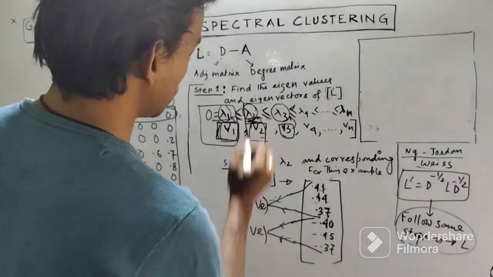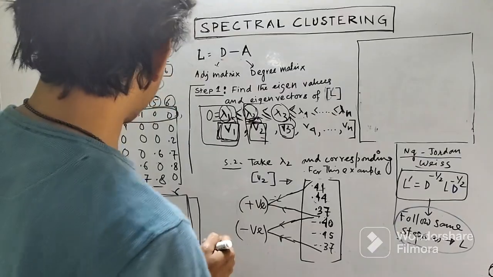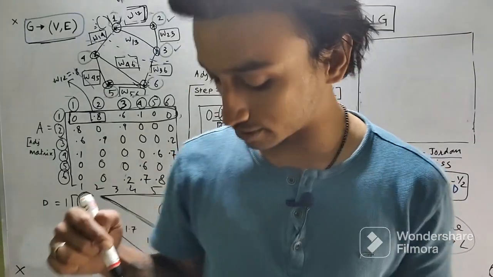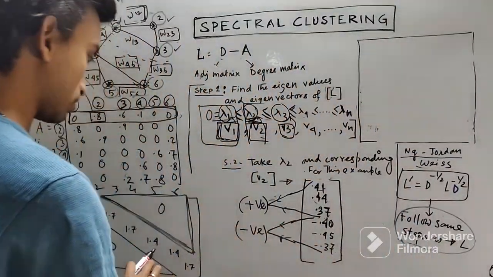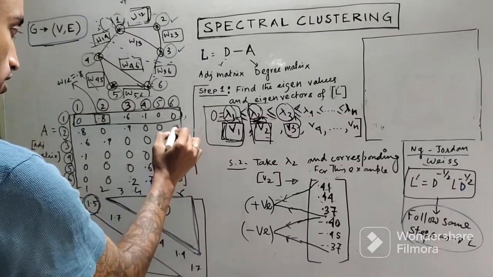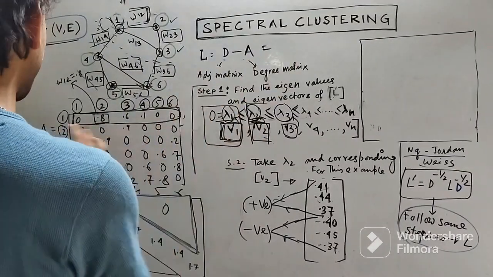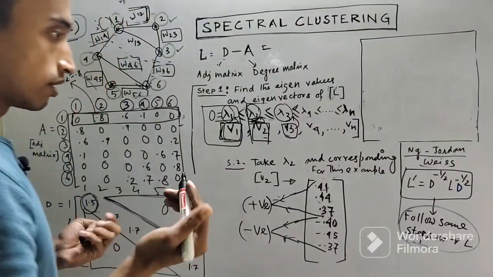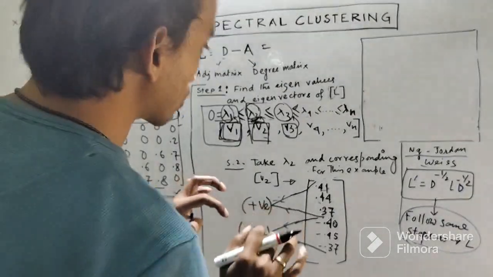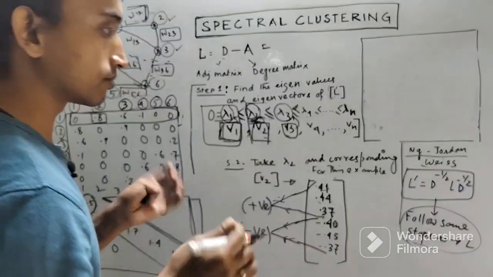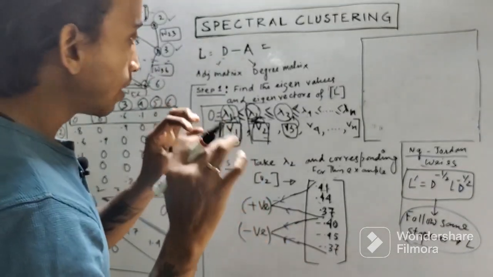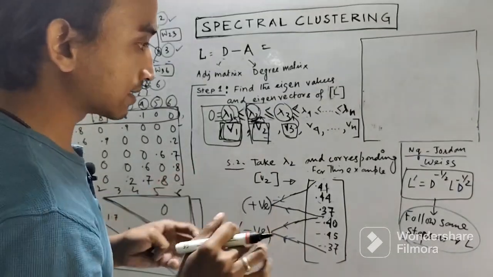For this particular structure, if you take D minus A and find the Laplacian, do it on pen and paper, or use tools in Python, or packages like NumPy.